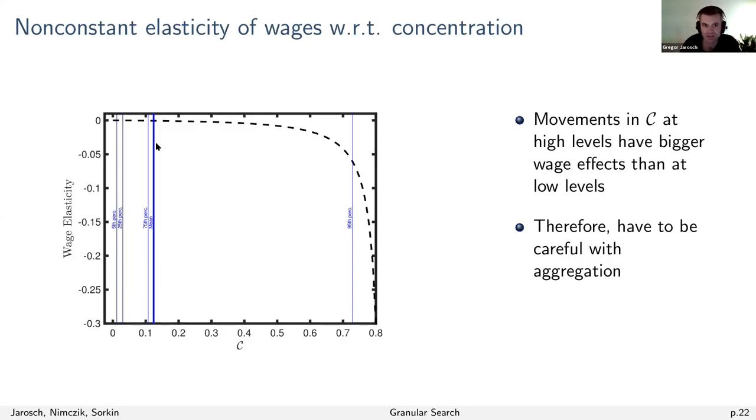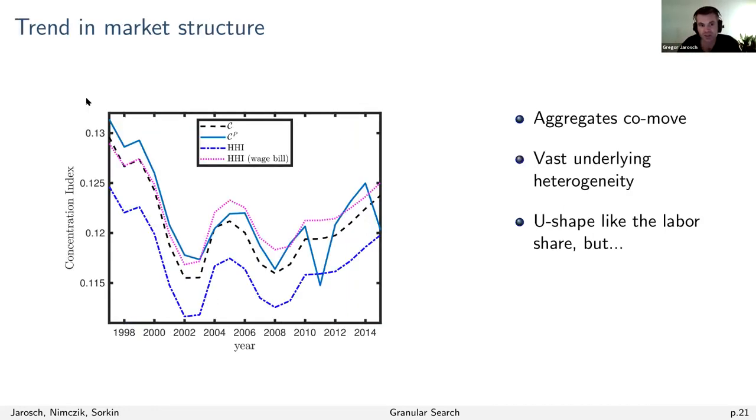This mechanism doesn't have much bite for a fairly wide range of markets, and only in markets where concentration is already fairly high is the elasticity really powerful. So looking at these linearly aggregated indices and inferring that market power fell and then went up again can potentially be quite misleading.